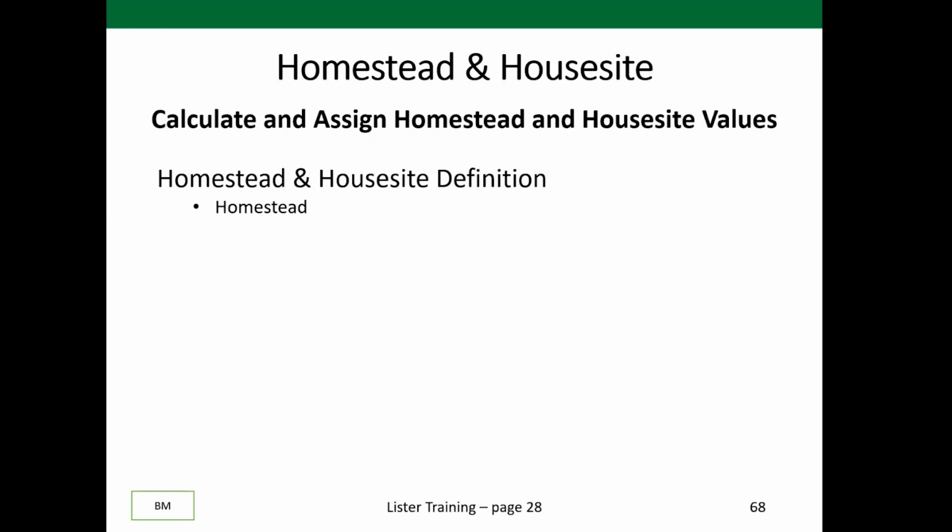The value of outbuildings and other improvements not used for business purposes are included in the value of homestead. For example, swimming pools, tennis courts, and landscaping. You can find this information in Title 32, VSA 5401(7), and Regulation 1.5401(7) available on our website.